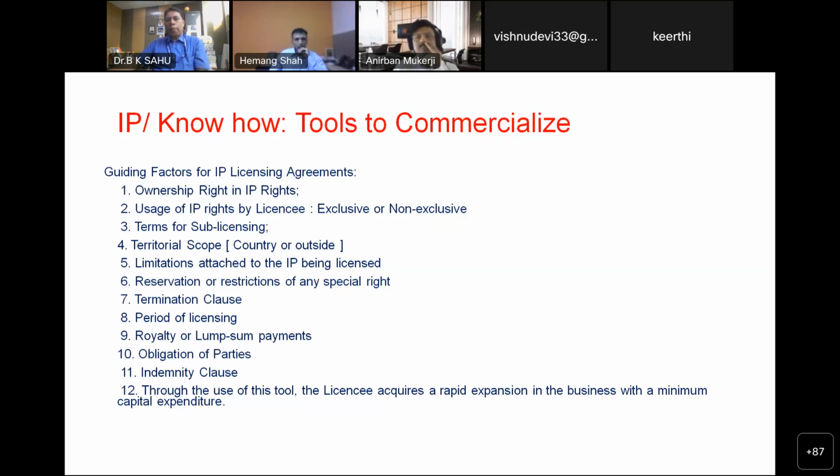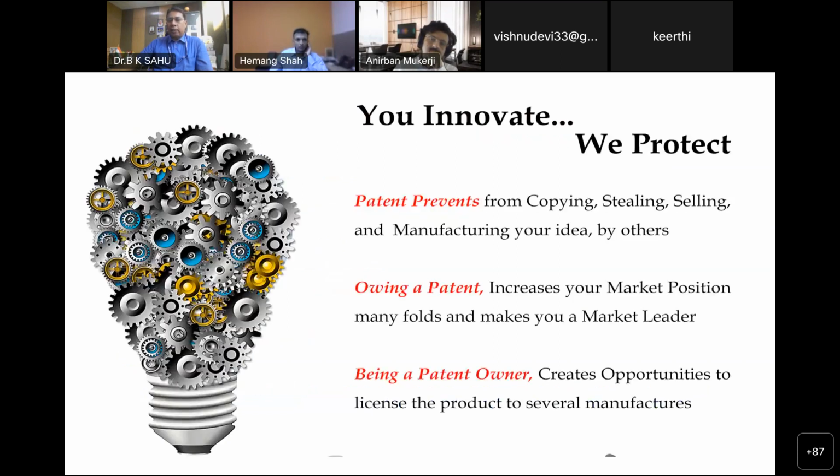This is the mechanism of payment: you may ask for an upfront payment, or a lump sum premium, or royalty, obligation, indemnity. These are the most important ingredients, or parameters, as far as the IP licensing agreement is concerned.